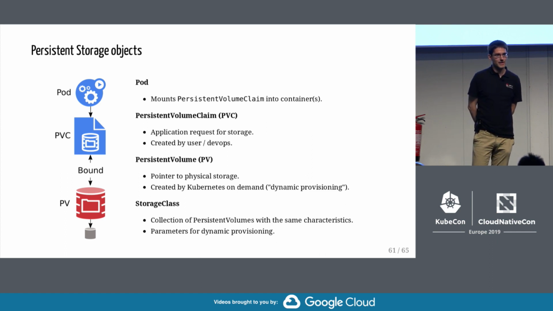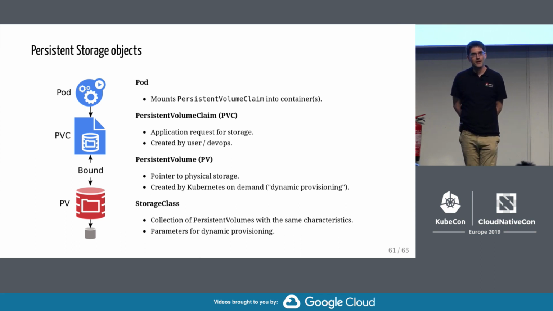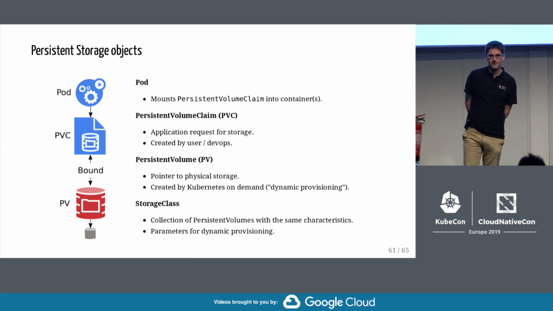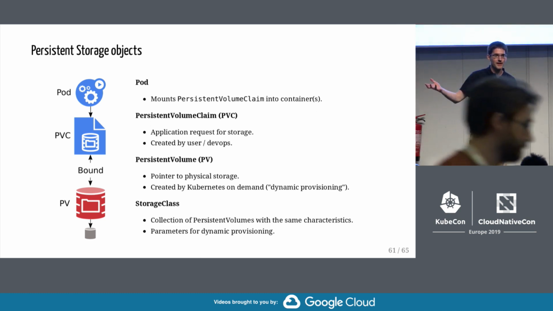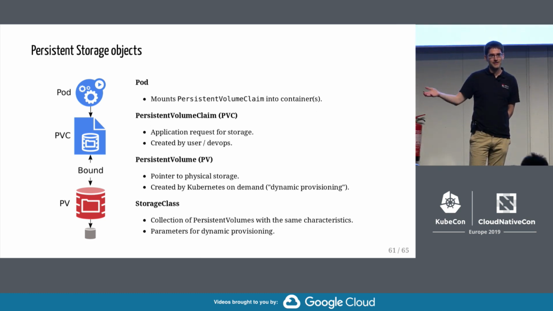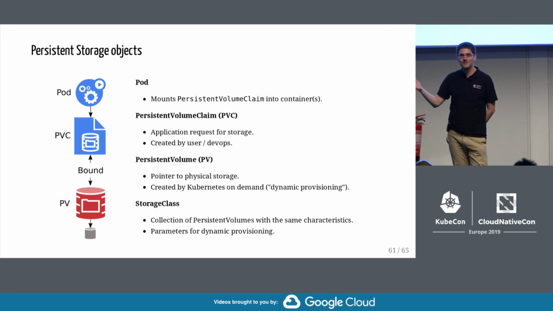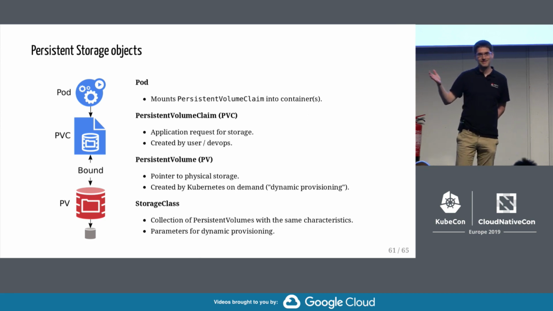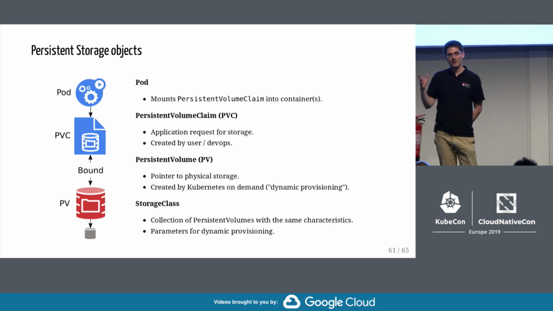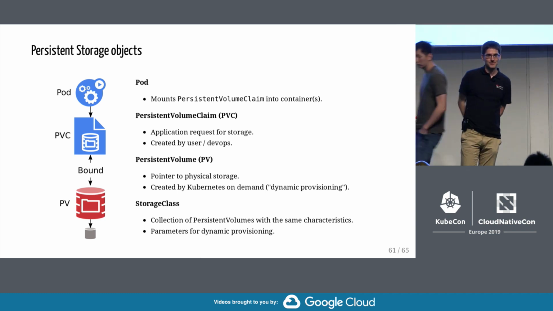Maybe we didn't say it during the talk, but you can restrict a storage class with quota and give access to a storage class only to one namespace. That's possible. But then, in your case, you need to create a class for each namespace. I don't know how many namespaces you are going to have. If it is few, it's probably feasible. If it is thousands, maybe you need some operator that will pre-create them for you or something like that.